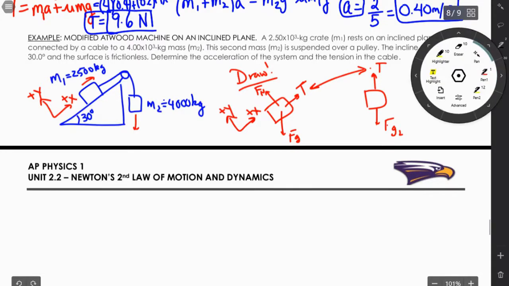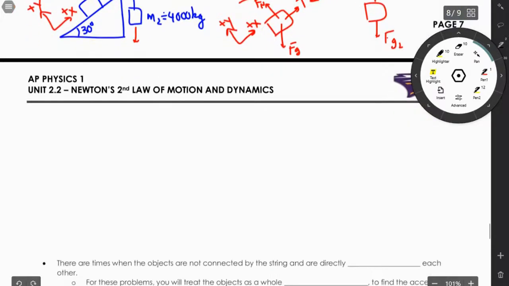So what makes this problem a little bit easier is that we don't have to account for friction on the block that's on the incline. So let's sum the forces, X, Y. This is for the inclined surface. Sum of the forces in the Y direction is 0. For now, this is just practice because we don't have to worry about the normal force.